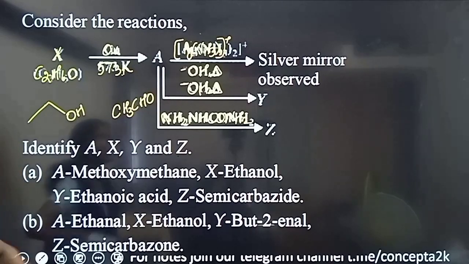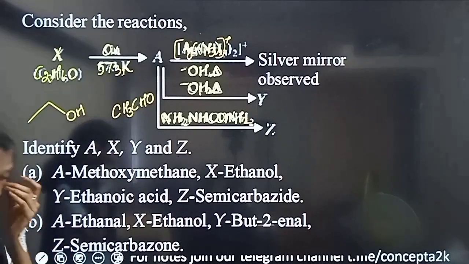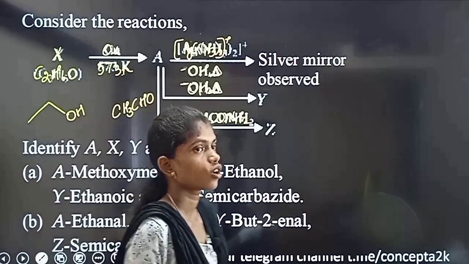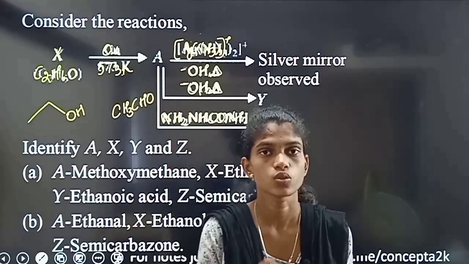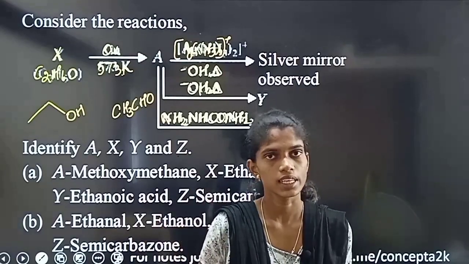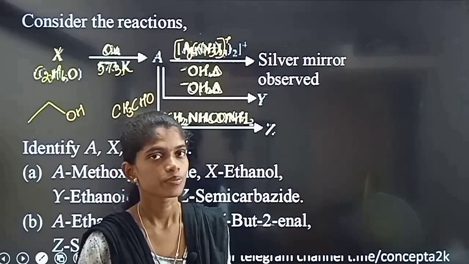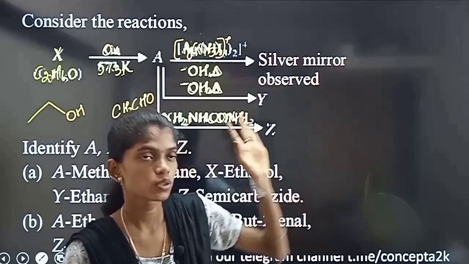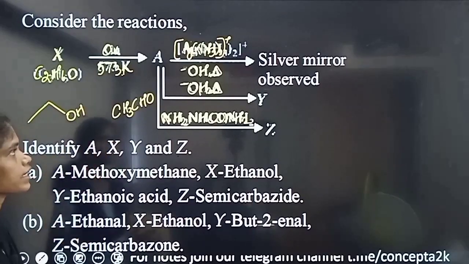So the reagent is ammoniacal silver nitrate, Tollens reagent. When we looked at tests for carbonyl compounds, we saw Fehling's test, Tollens test, ferric chloride test, many tests. This is one of the tests which forms a silver mirror. So here a silver mirror is observed. So this is the carbonyl compound, that is aldehyde. This is the aldehyde.